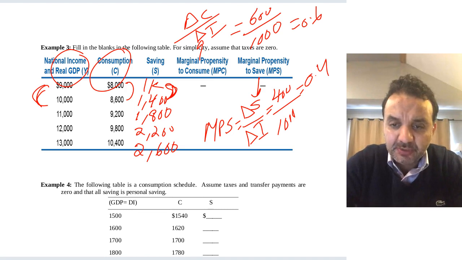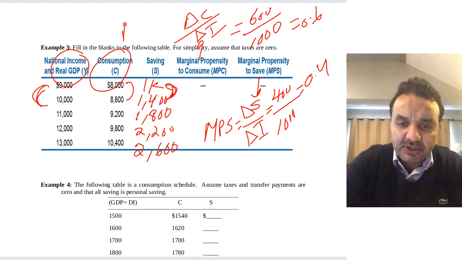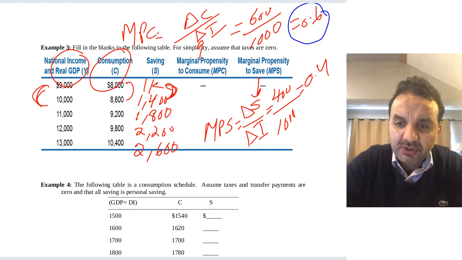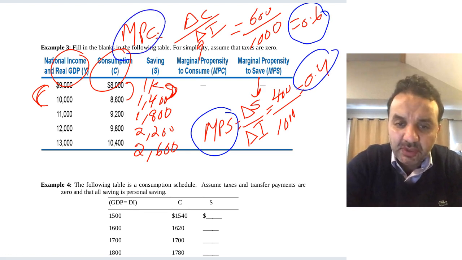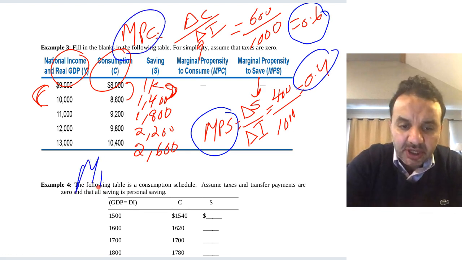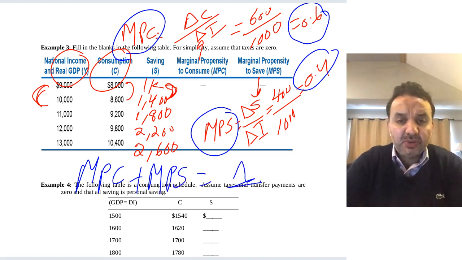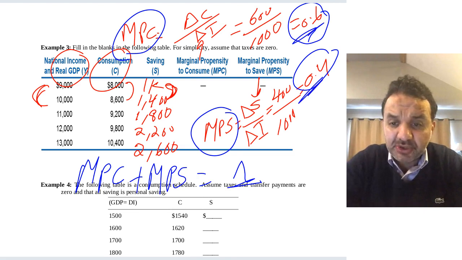And this gives you 0.4. As I said, the MPC equals 0.6 while the MPS equals 0.4. We said that MPC plus MPS should equal 1, and this is what you see in this question: 0.6 plus 0.4.